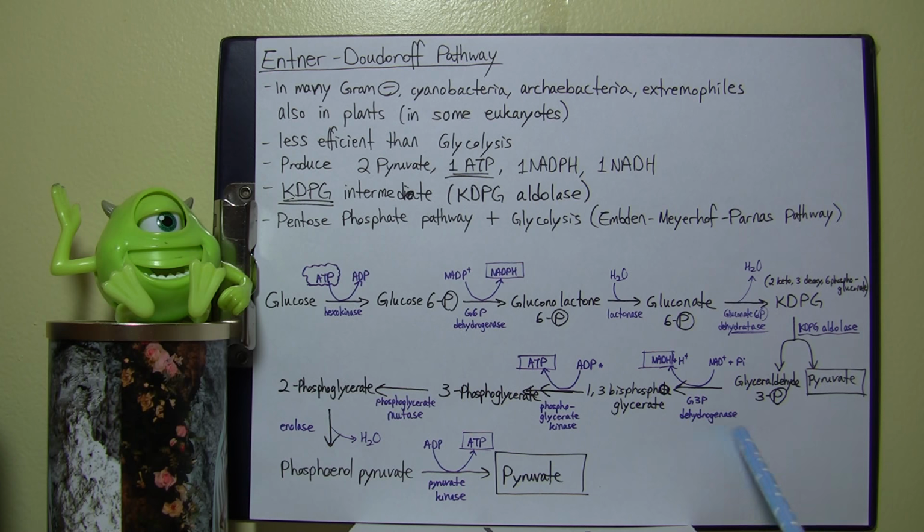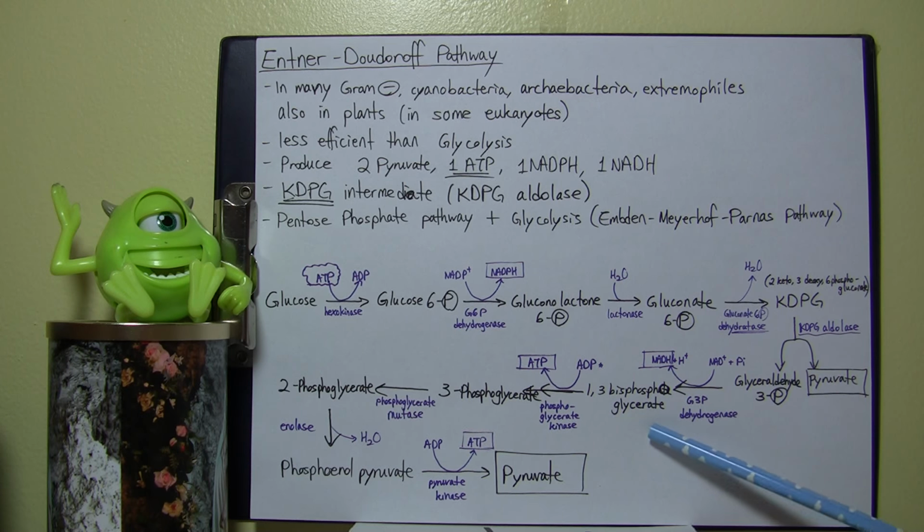Glyceraldehyde 3-phosphate is converted into 1,3-bisphosphoglycerate using G3P dehydrogenase. And here we add a phosphate group to glyceraldehyde 3-phosphate, making it two phosphate groups in this molecule. But at the same time, we are releasing 1 NADH, another final product here.